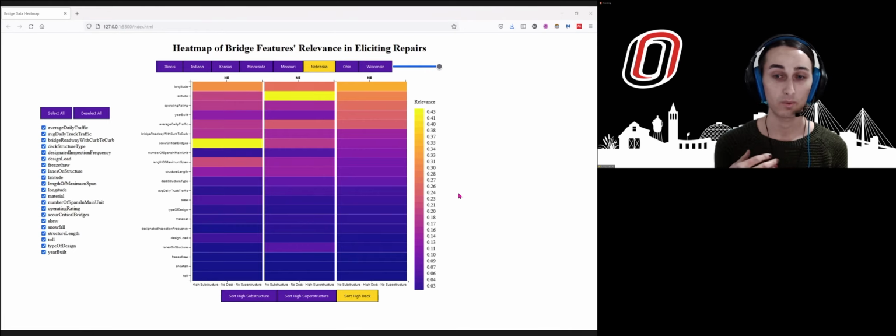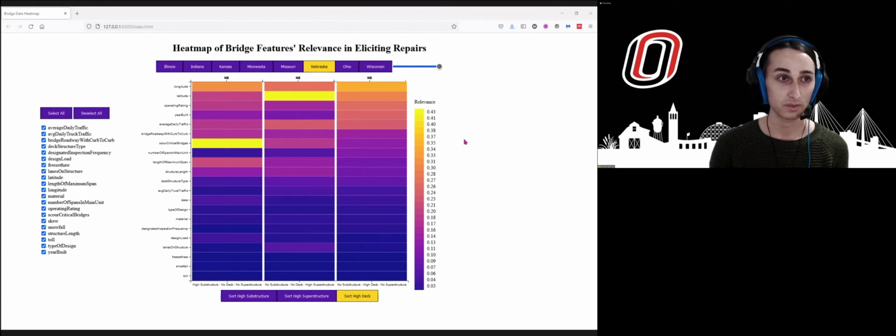What I'm doing for this project is creating this heat map as a post hoc visualization of the decision tree that we use to process that information.